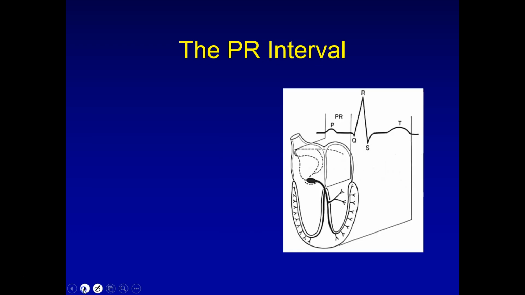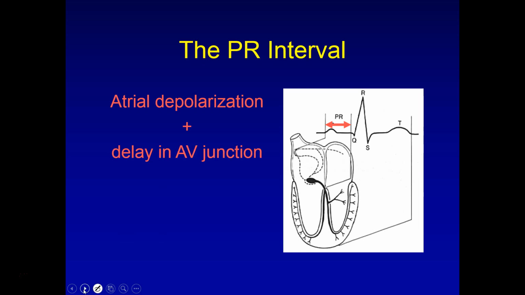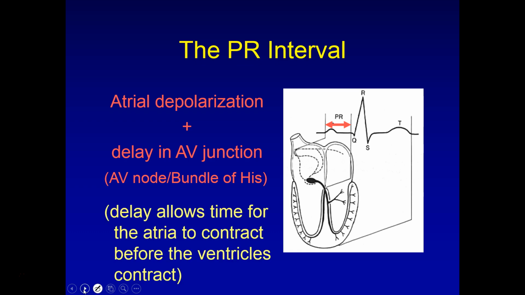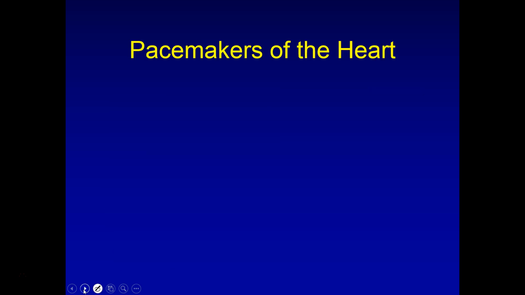So there's the PR interval: atrial depolarization, plus the delay in the AV junction to the bundle of His, and that's what allows time for the atria to contract before the ventricles contract.